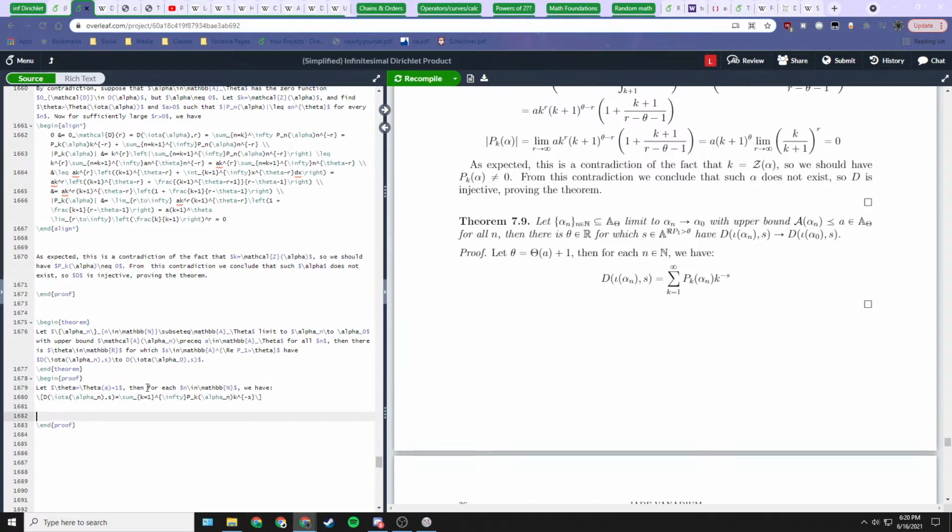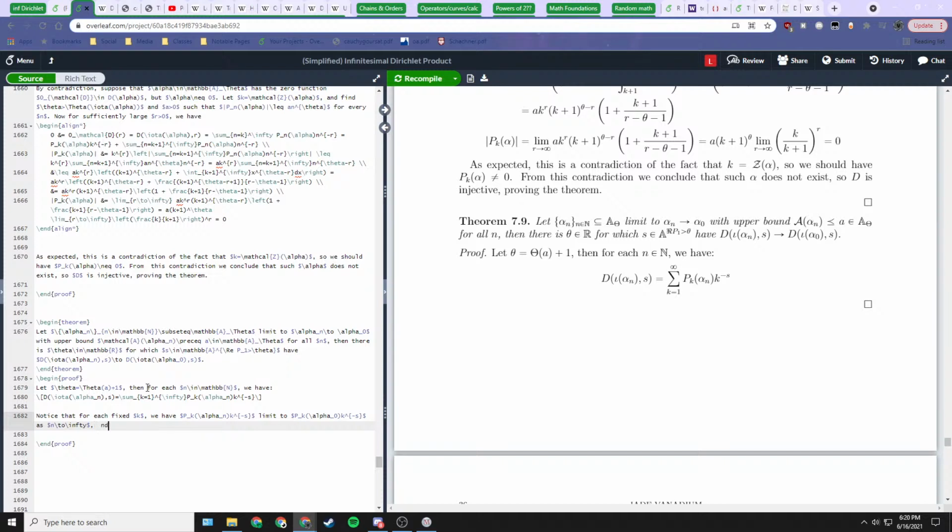Okay, and then notice that for each fixed k, this whole expression limits to the same thing but with alpha 0, as n goes to infinity.